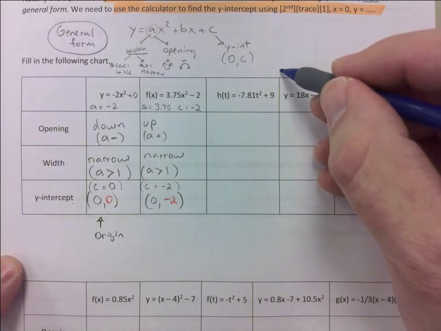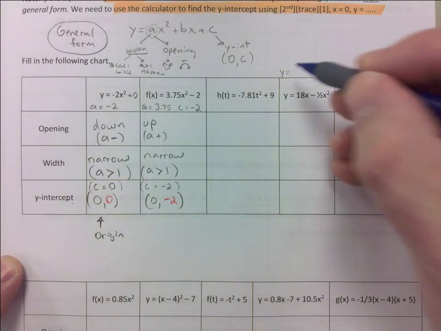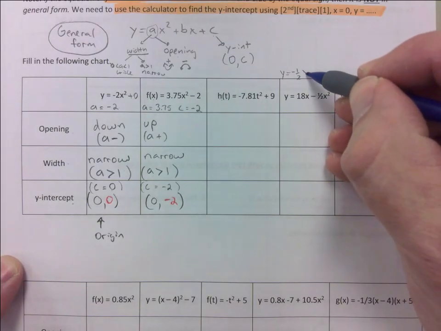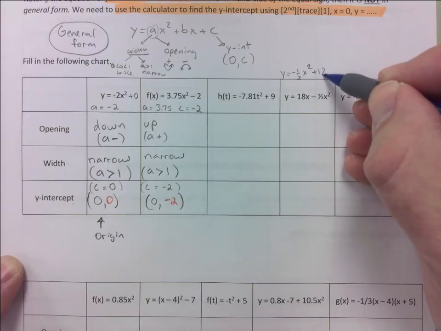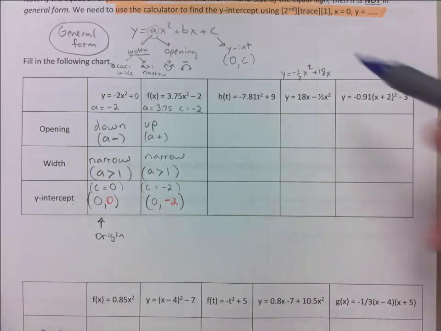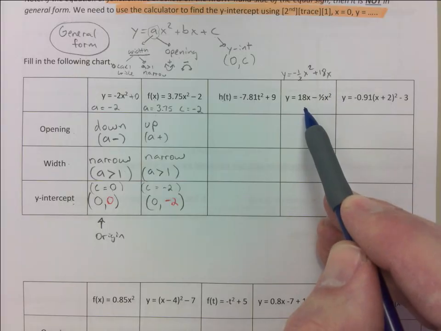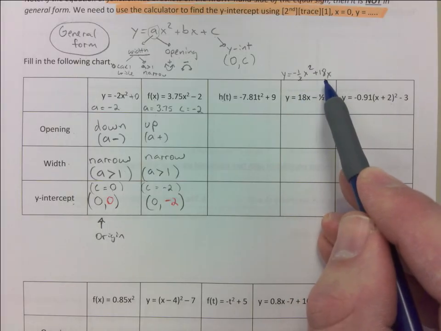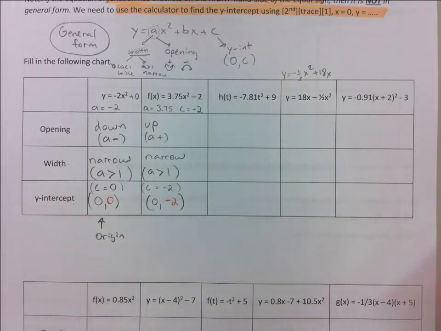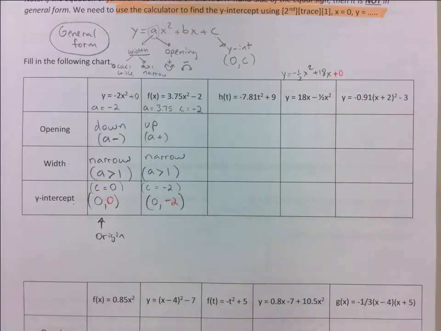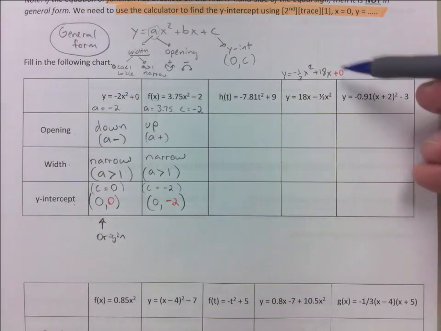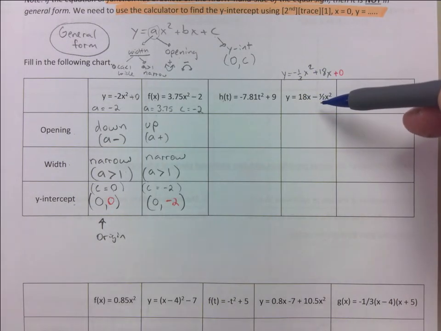Let me rewrite this for you. I'll put this -1/2 x squared up front, and I'll put the 18x like that. Technically, if you rewrite this, that's what you have. So C, what's C equal to here? 0. So this one is okay.